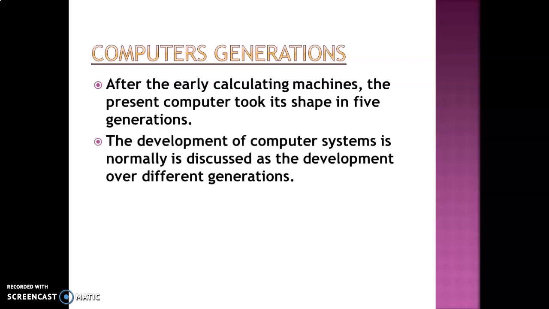The development of computer systems is normally discussed as the development over different generations. That means whatever the development in a computer system is done, it is actually the development over different generations. Like in each generation there was certain development.